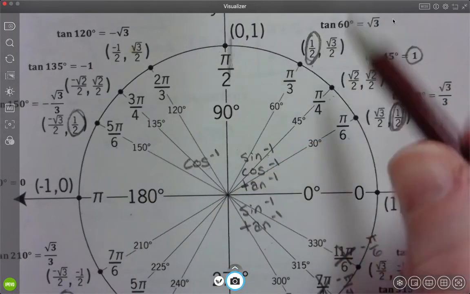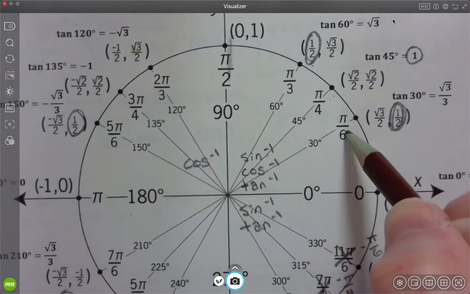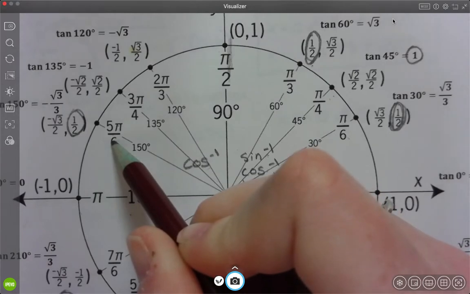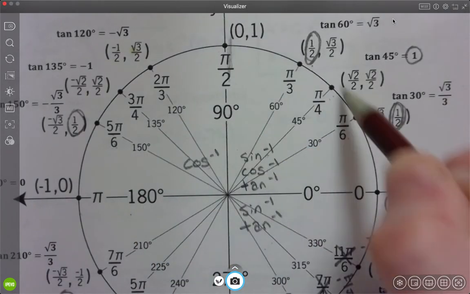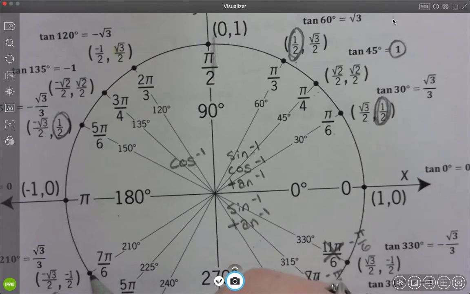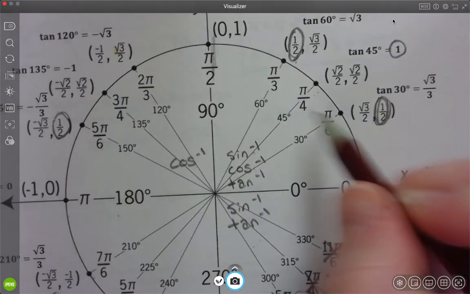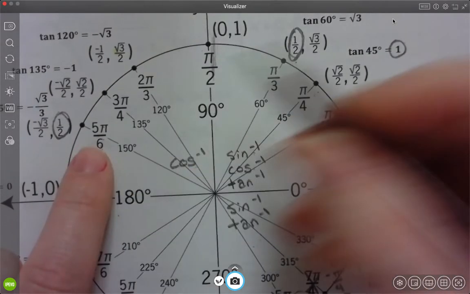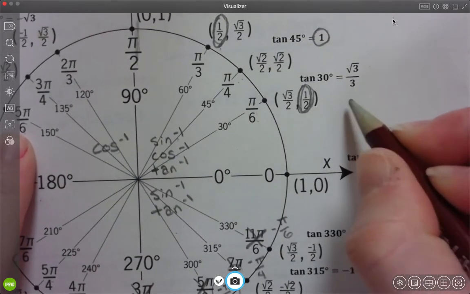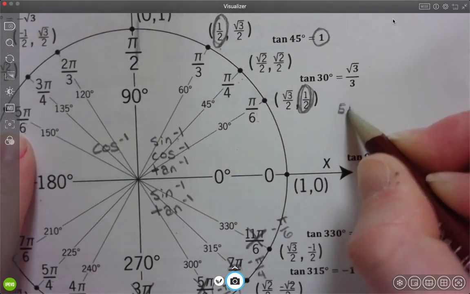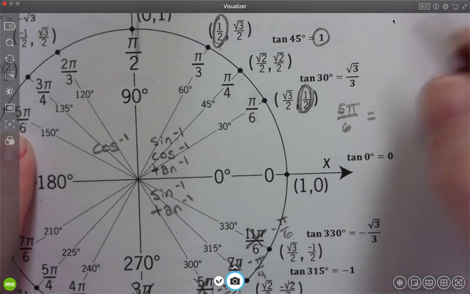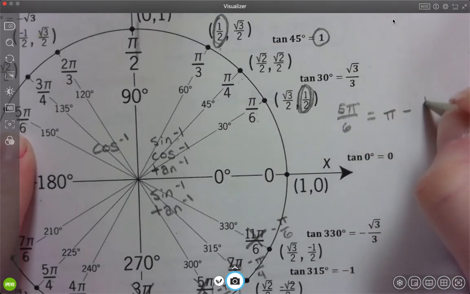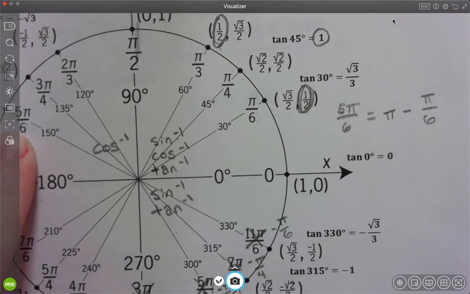Okay, so then we have to determine what's the relationship between pi over 6 and 5 pi over 6. Because it's not like I'm adding half a circle to it, because that would be like down over here, right? The way that they are related is that 5 pi over 6 is equal to pi minus pi over 6, okay?